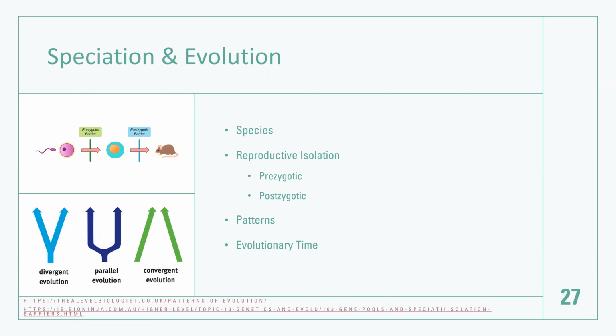On the other hand, there are postzygotic barriers, which prevent the zygote from turning into a mature adult member of the species. That's things like inviability. That just means that even if the zygote matures into an adult, it cannot reproduce, like a mule.